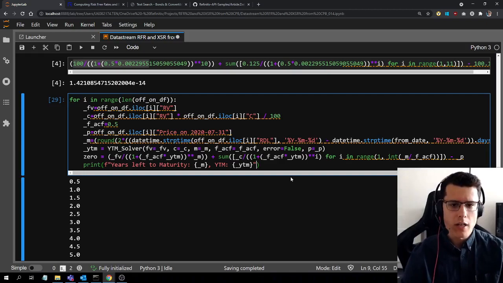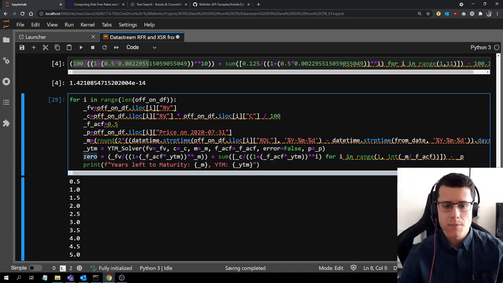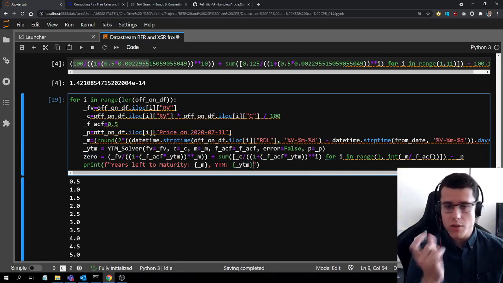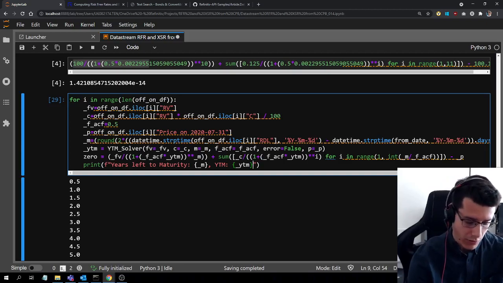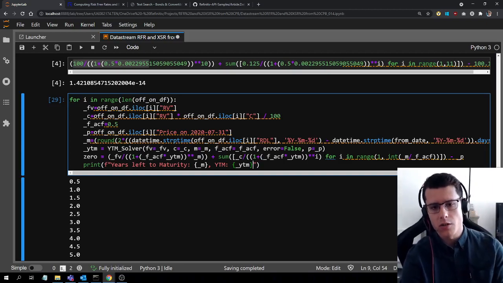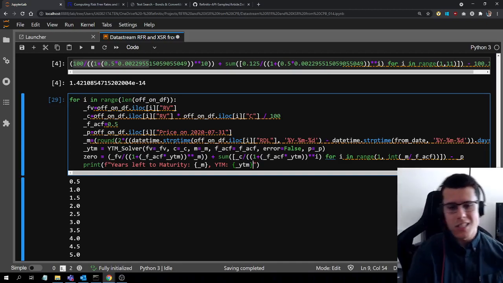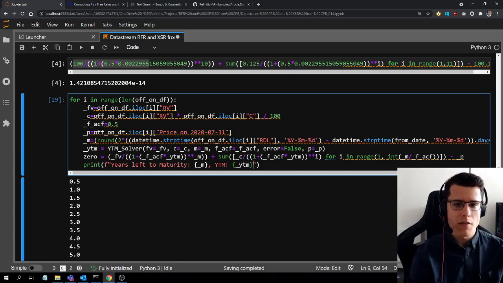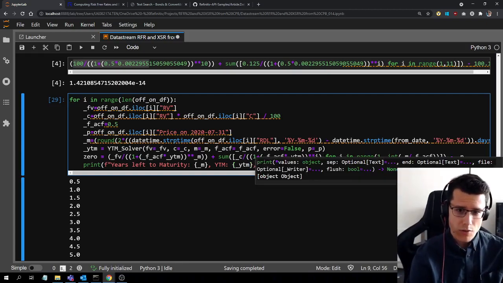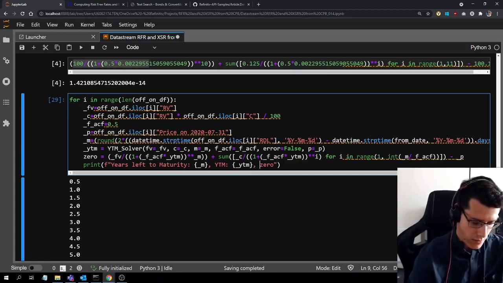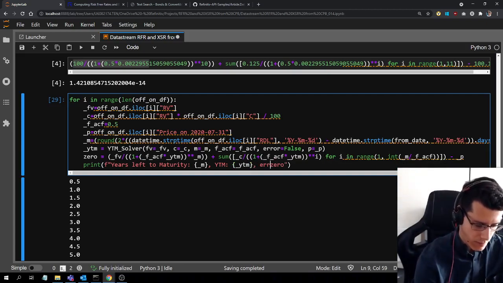All right, so this is what I've got, and this is 0. So I expect this to be equal to 0. It might be close to 0, it might not be exactly 0, but I want it to be close to 0. So here at the bottom, I'm going to print out all the details that I'm looking for. I'm looking for the years to maturity to make sure my calculation works, the actual years to maturity themselves, the yield to maturity specifically that I've calculated, just in case I want to do some manual stuff afterwards, and then I want to print out the error, which should be 0.